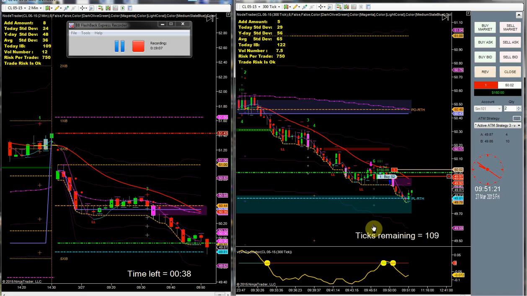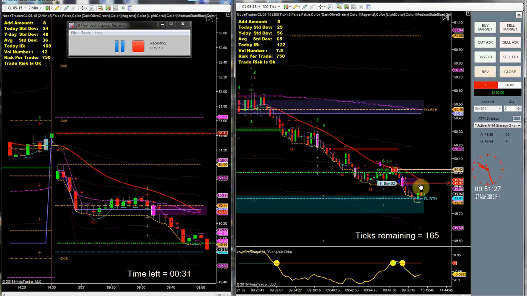We have this. Perfect. And that was our trailing stop print. And it's right in the middle of this sell zone, which is perfect for us.